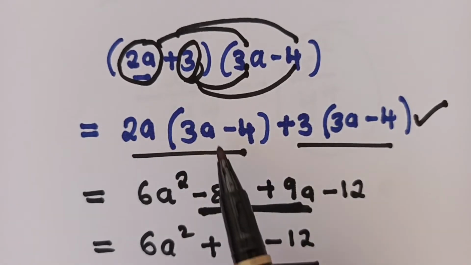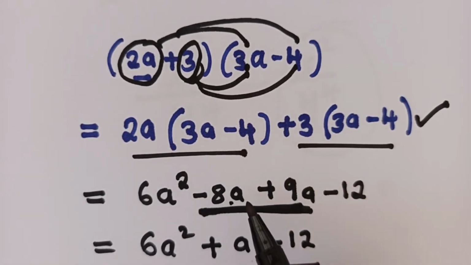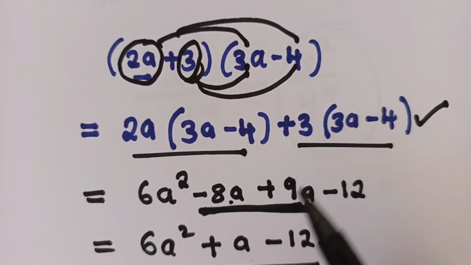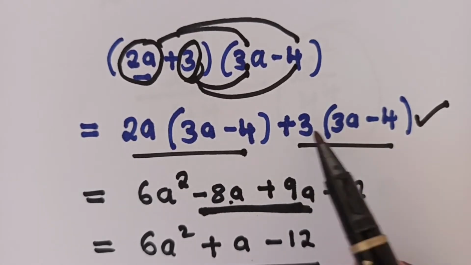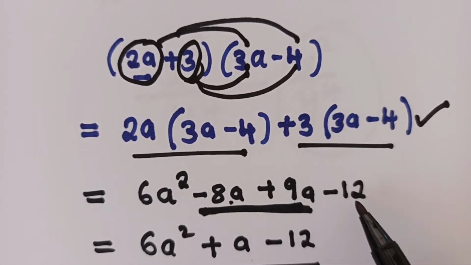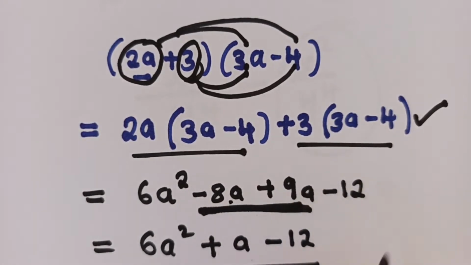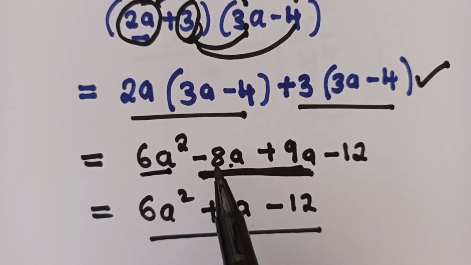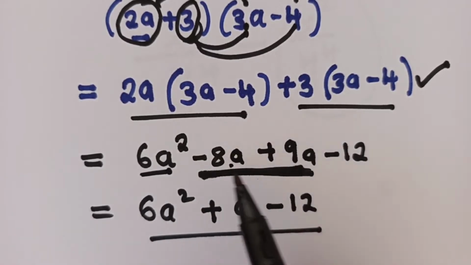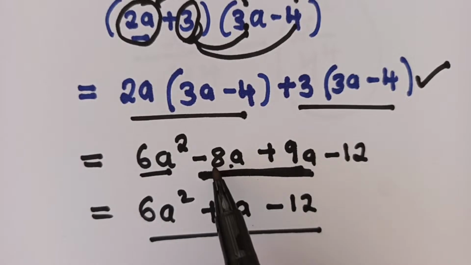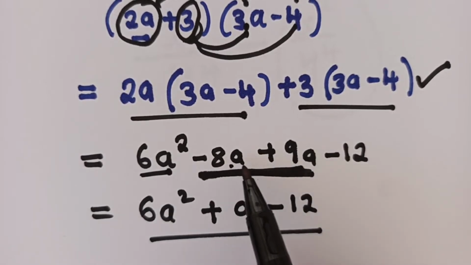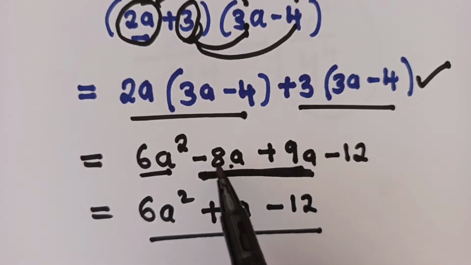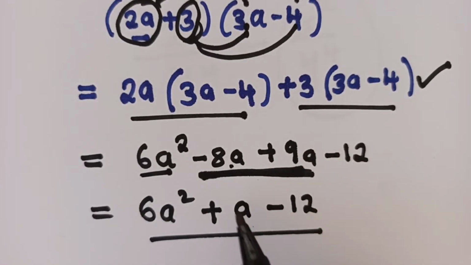So once you do that, you start multiplying 2a times 3a, it's a 6a power 2. 2a times negative 4, it's negative 8a. 3 times 3a, it's a 9a. 3 times negative 4, it's negative 12. You can see now here. From here, you maintain the first term, which is this one. For these two terms, they are like. They've got a. So you can add or subtract here. You can just say 9a minus 8a will give us a 1a, which is here.